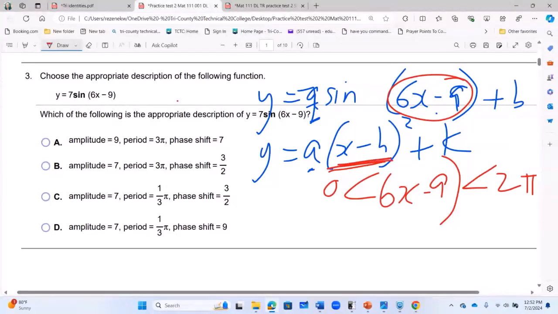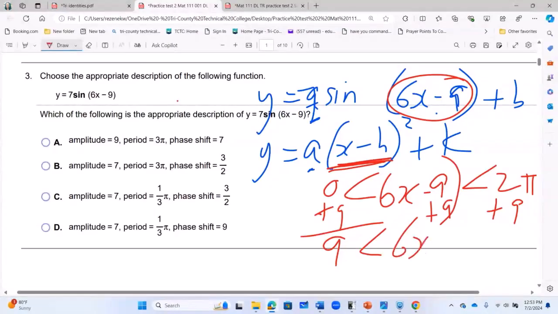Let's go ahead and find the phase shift. Plus 9 on both sides. So plus 9 is less than 6x is less than 2 pi plus 9.